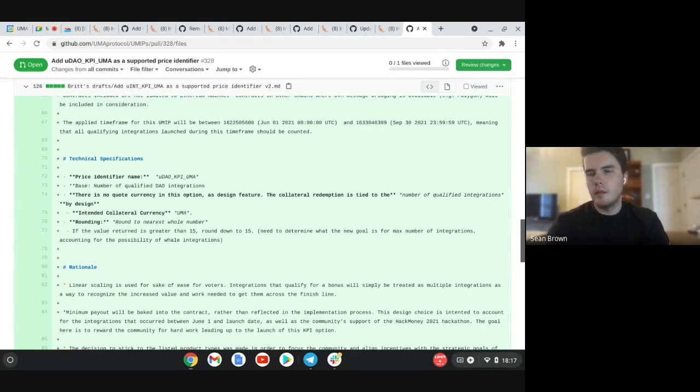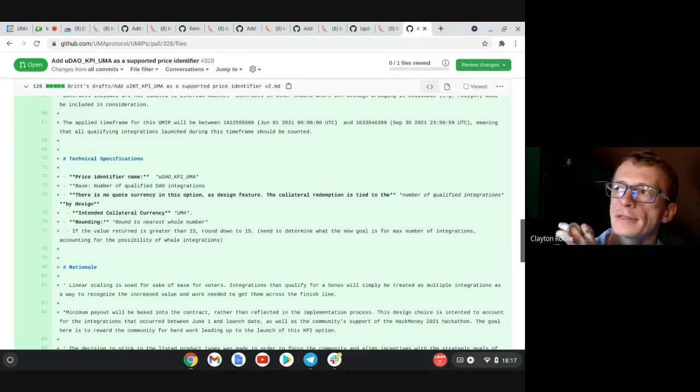So if it's for each integration below 5 million, you can count 15 integrations, right? Then your cap on the lower value integrations would still be 15 integrations. And then for each integration that's above 5 million, with a cap of 4 of those bonus integrations, you count those three times instead of one time. So you still have 2 separate caps. And so in this UMIP, we would instruct people to basically hit the cap.